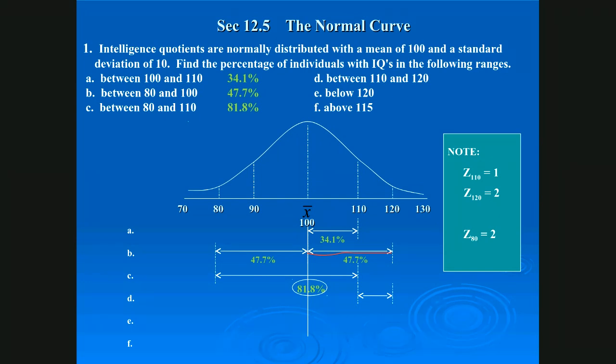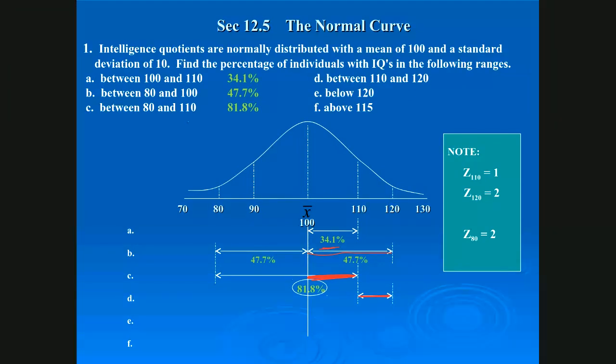Okay, we want to find only the percentage of individuals that have a score between 110 and 120. So we have to take away the percentage of individuals that have a score between 100 and 110. But we know that's 34.1%.